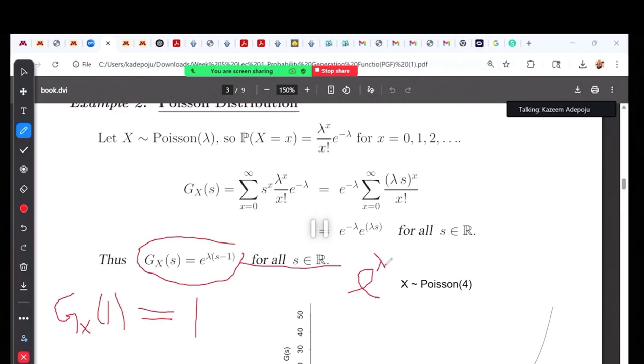I'm actually going to have 1 minus 1, right? Which is going to be exponential lambda times 0, which is going to be exponential raised to power 0. What is anything raised to power 0? 1. Verified.